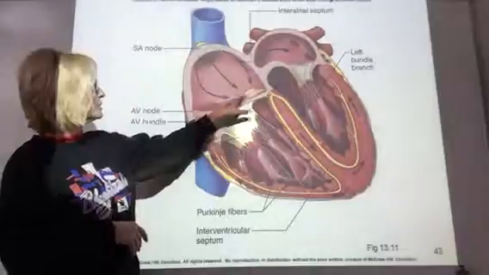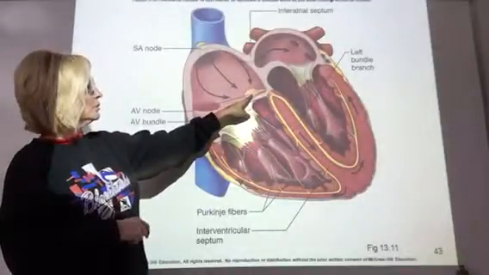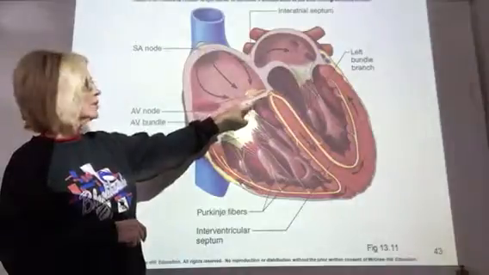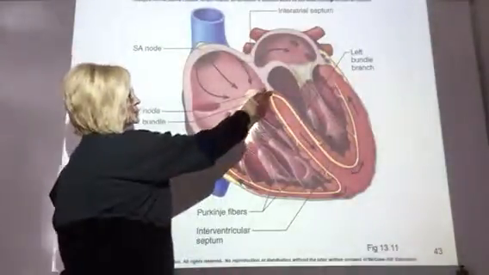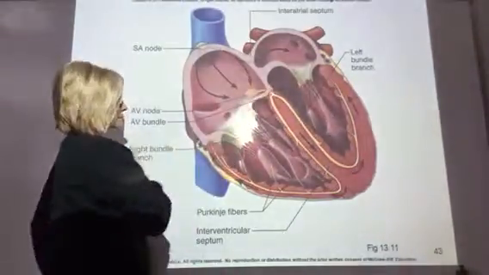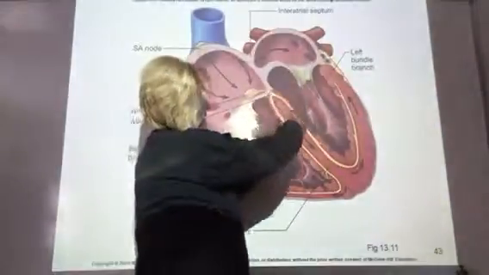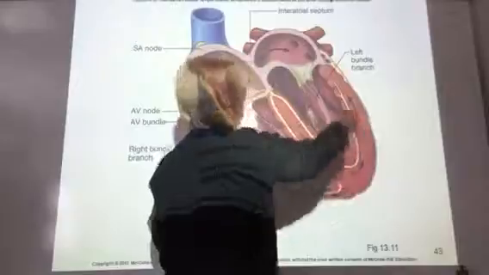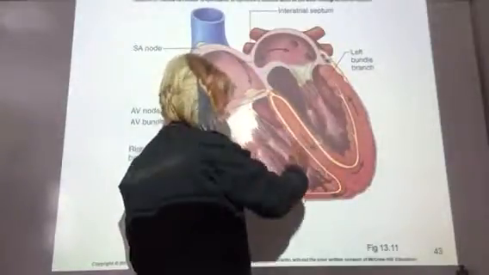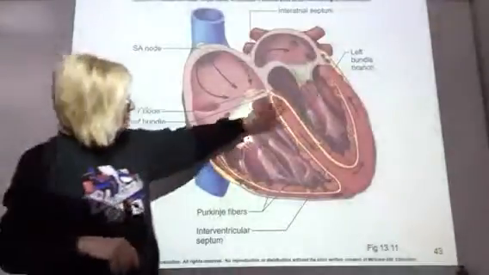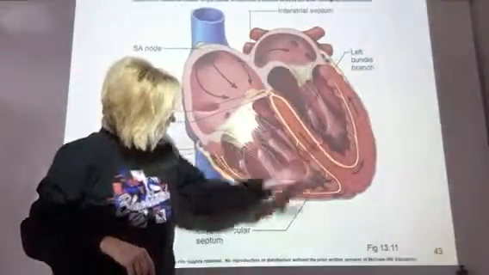Then these impulses reach the AV node, which sits basically AV in between your atrium and ventricle. And then there's a short little AV bundle. That AV bundle then is going to branch into two branches that's going to surround the left ventricle and the right ventricle. And notice it goes through the septum of the heart.